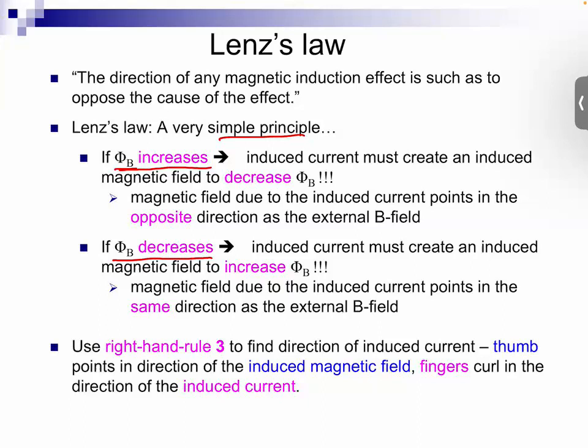Originally there are 4 magnetic field lines. If I increase that to 6 magnetic field lines, essentially I increase the number of field lines crossing this loop. Lenz's law doesn't want this. Lenz's law always wants to return to the original condition where there were 4 magnetic field lines.